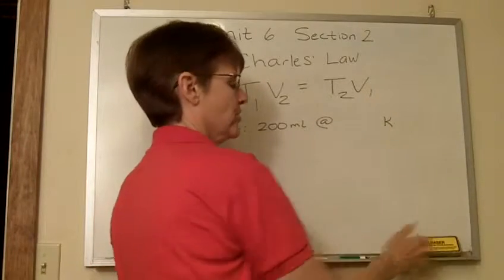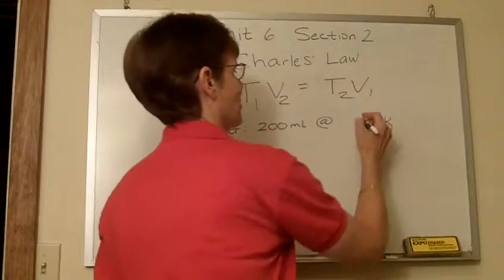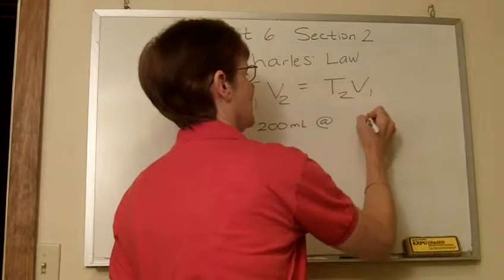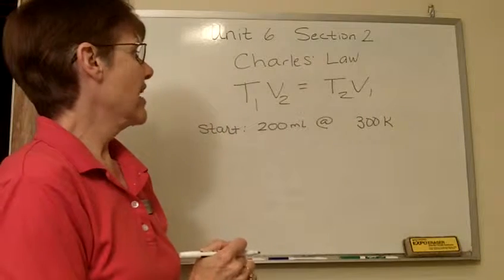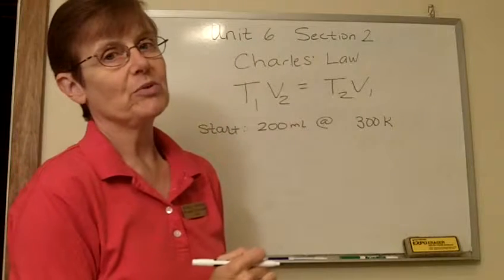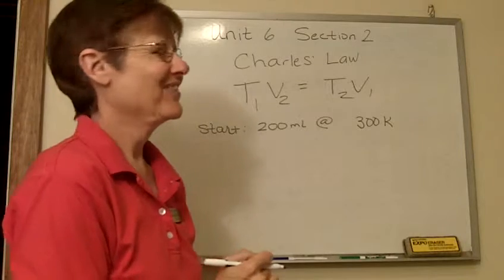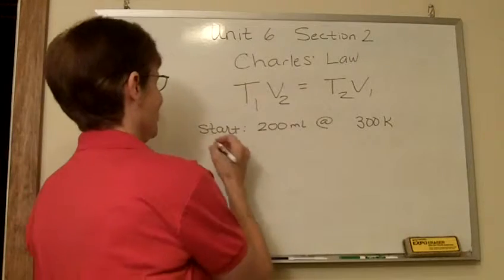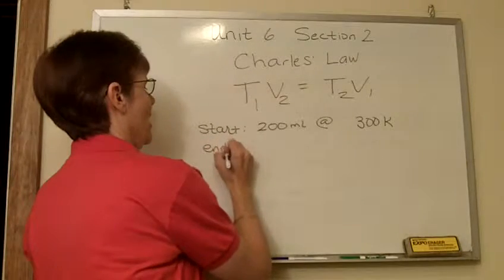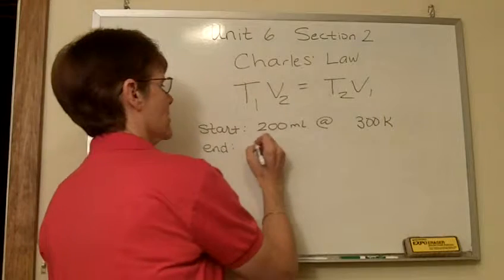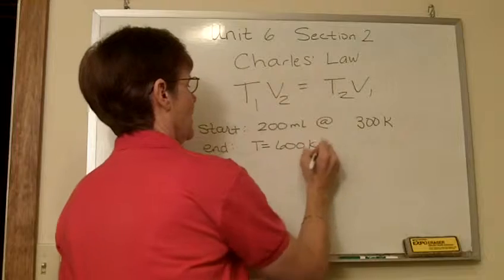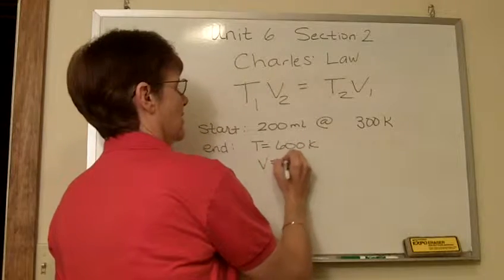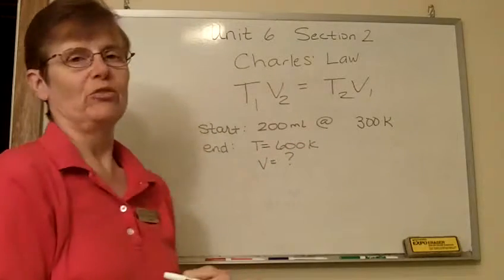Let's call it 300 Kelvin, which is very close to room temperature. And then maybe I'll be able to do the math in my head. All right, now let's say that we're going to heat this up and we're going to double the temperature, which is a lot of heat here, but that's all right. So after we make this change, we'll say that the temperature is going to equal 600 Kelvin.